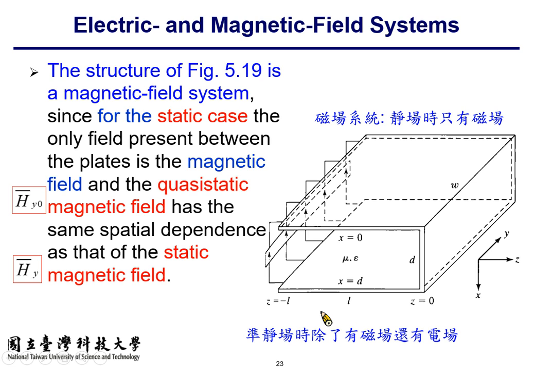On the other hand, if you remove the end plate on the right hand side and apply a voltage source to the left, then what happens? Well, you mean, can I still apply a current source here?